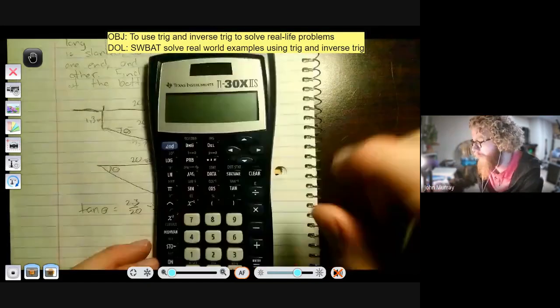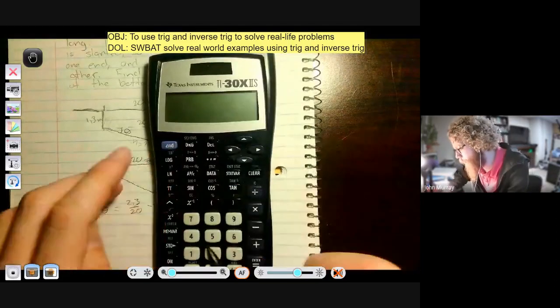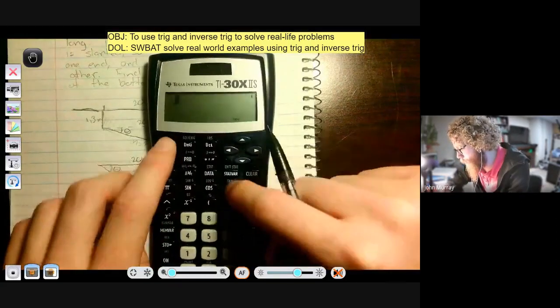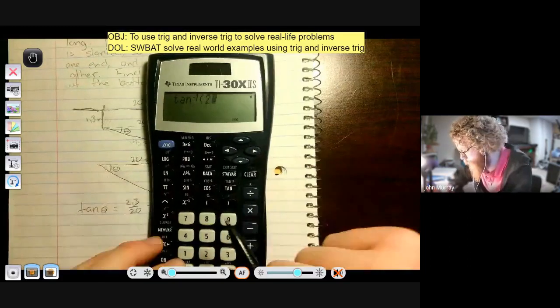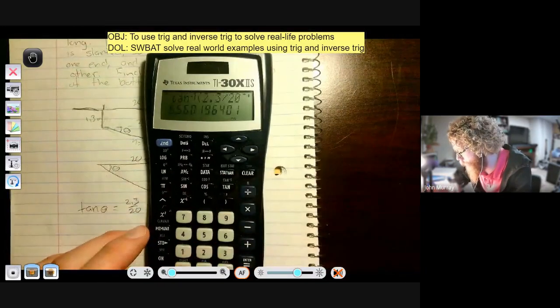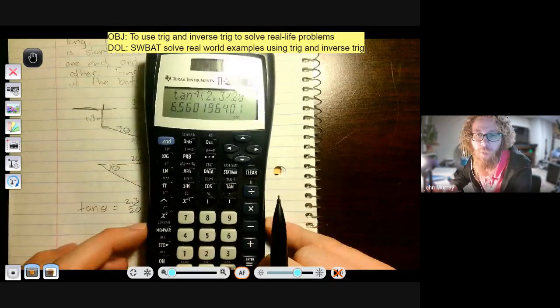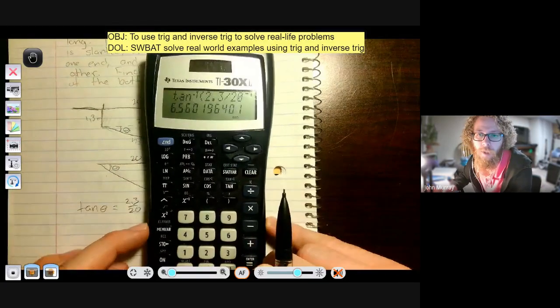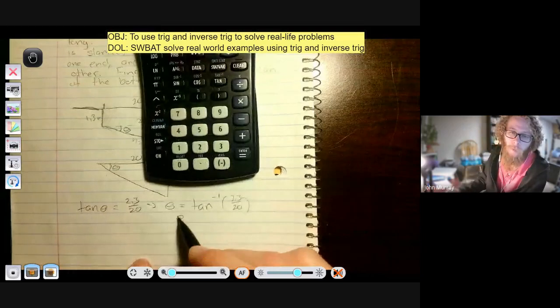All right, well, let's plug it in and let's see. Inverse tangent of 2.3 over 20. And we get an angle of depression of, we'll say, 6.6 degrees.